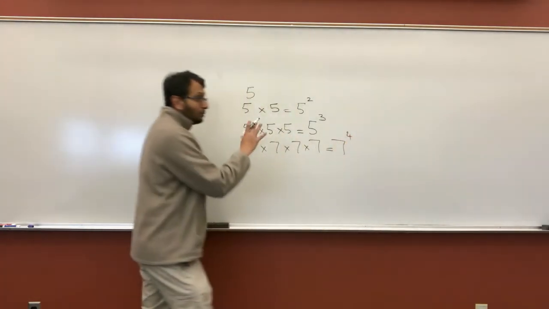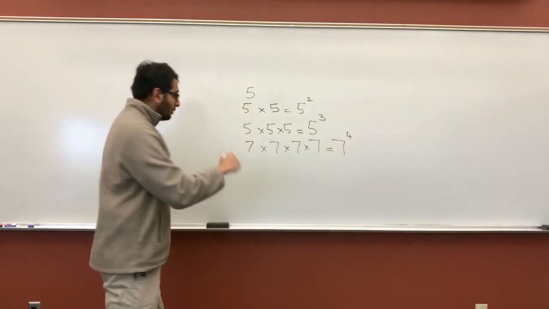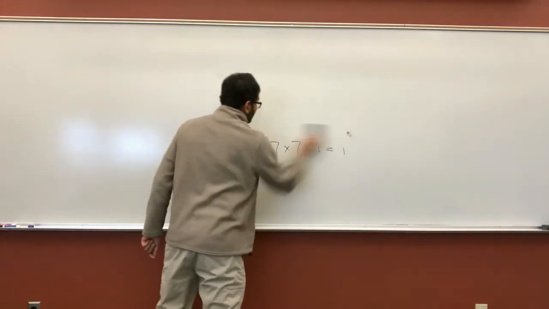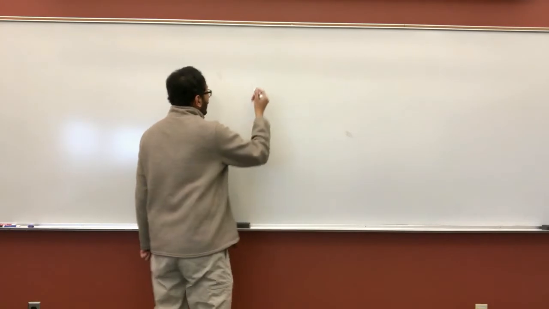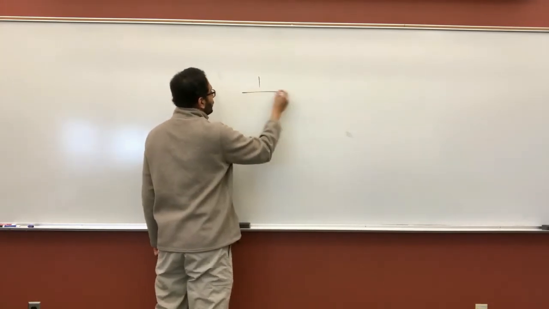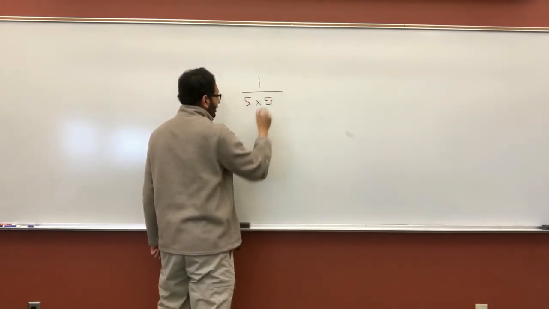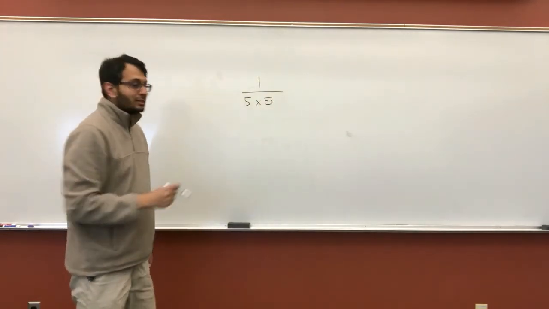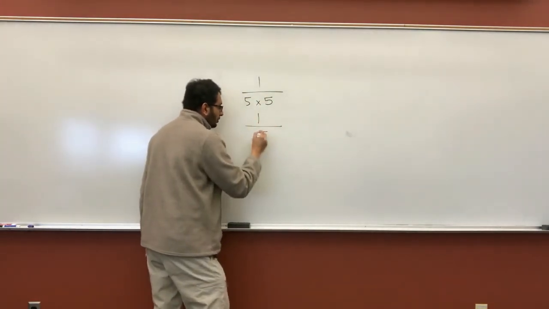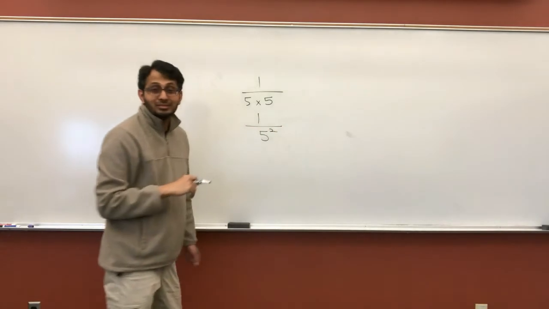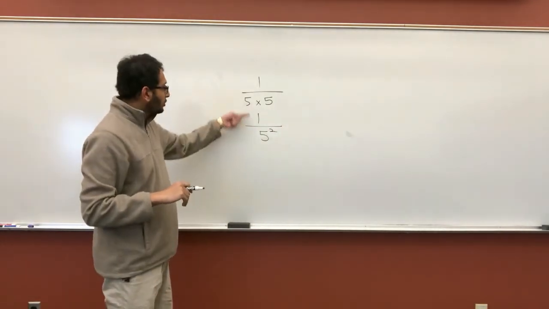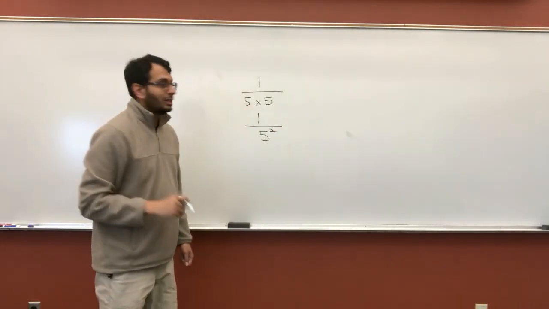Okay. Now, something like that would also happen in denominators. So for example, if I have 1 over 5 times 5, then it could be 1 over 5 squared.